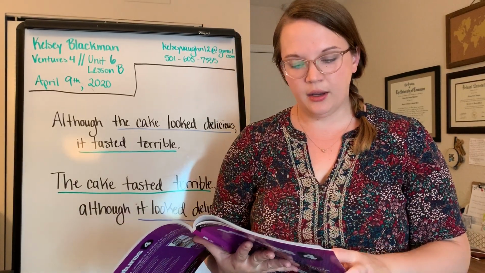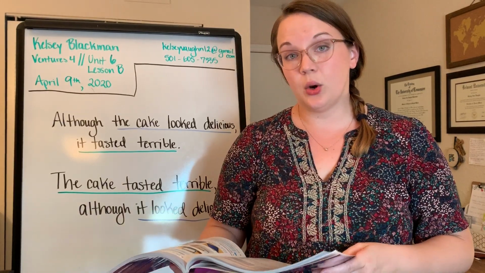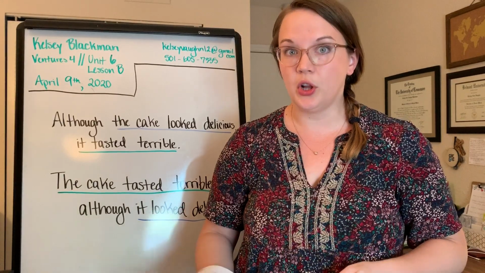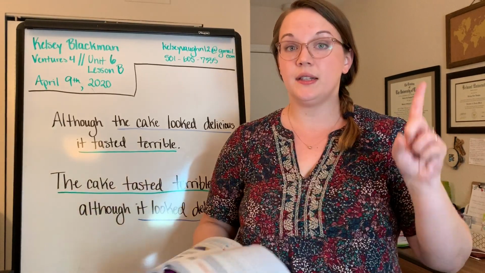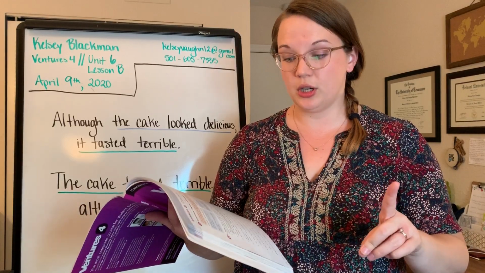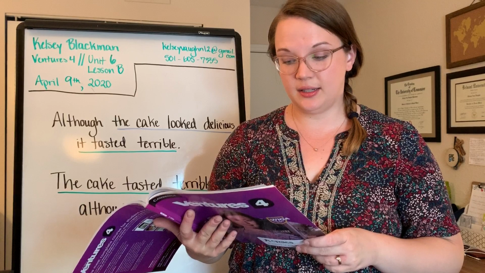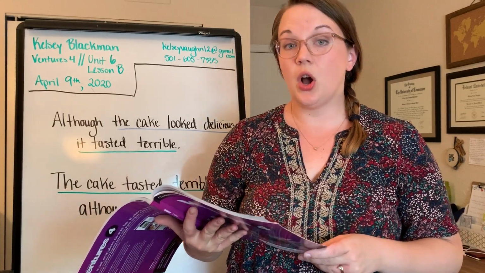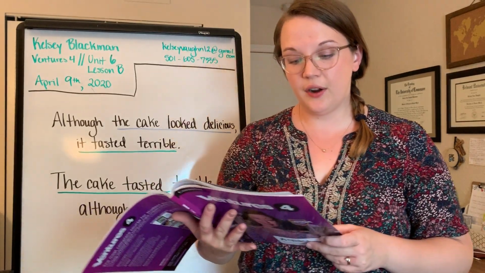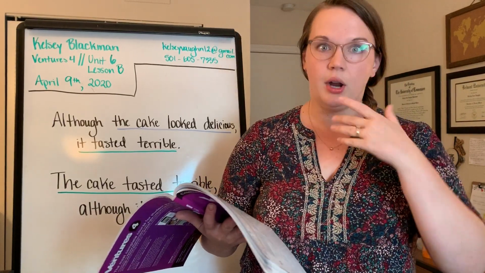Number 2A, write. Which sentence is surprising or unexpected? Circle it. Okay, so that's the first step. Circle the surprising piece of information. Then, combine the 2 sentences. Use although in front of the sentence that is not surprising or unexpected.